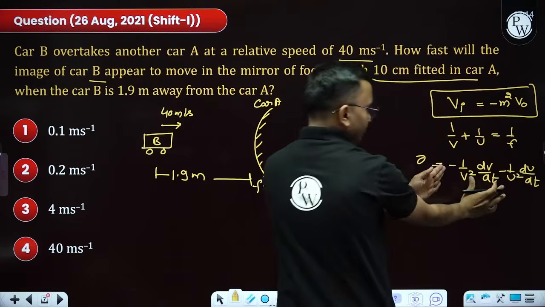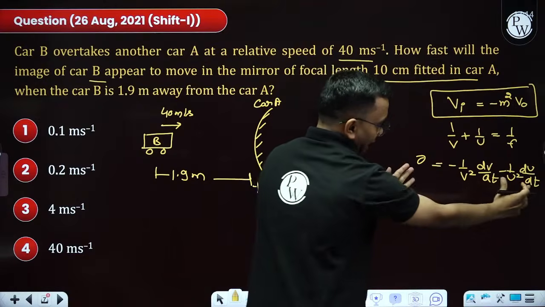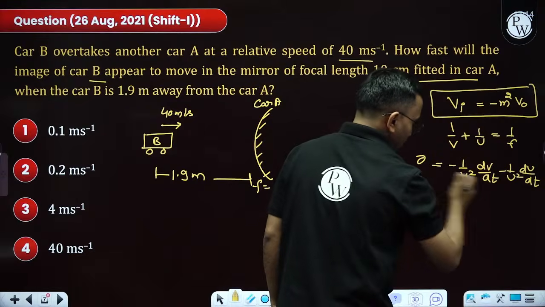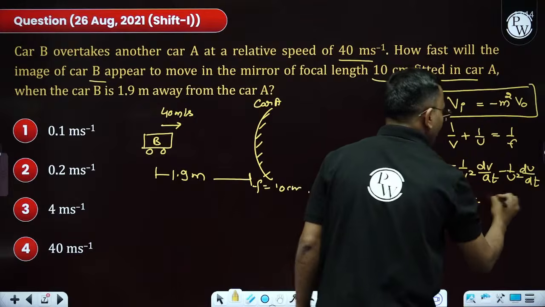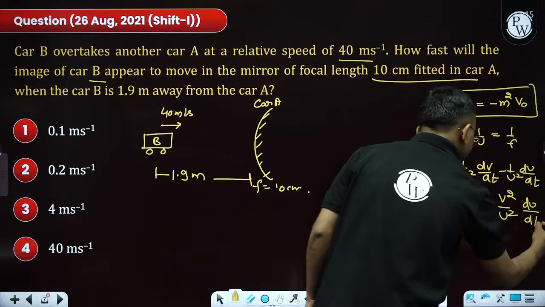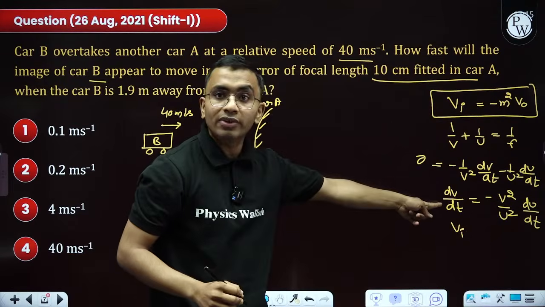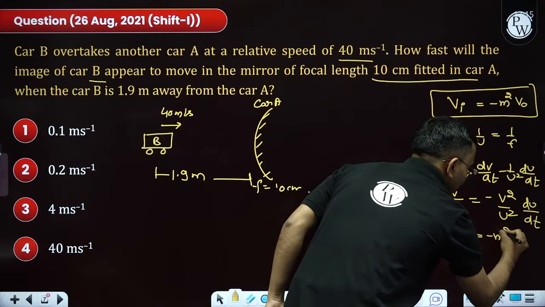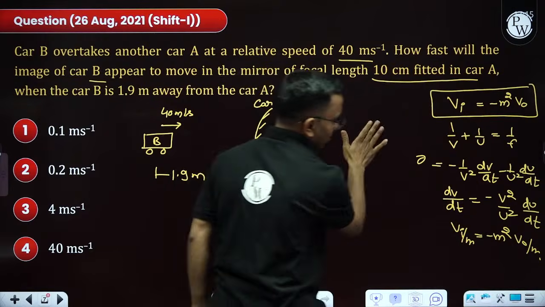From here, dV by dt is velocity of image, dU by dt is velocity of object, and minus V by U is my magnification. So dV by dt is equal to minus V square by U square into dU by dt, which will be written as velocity of image with respect to the mirror is equal to minus m square times velocity of object with respect to mirror. This is a quick derivation.